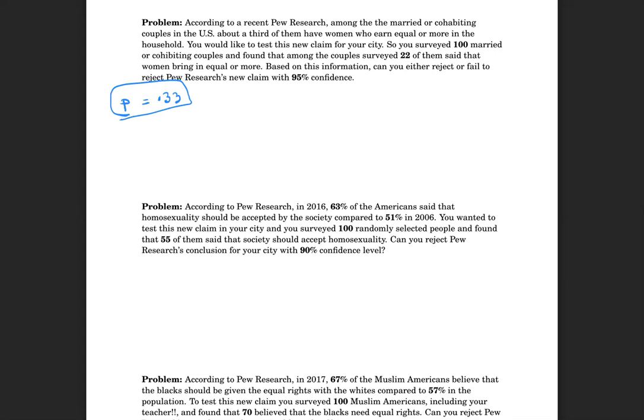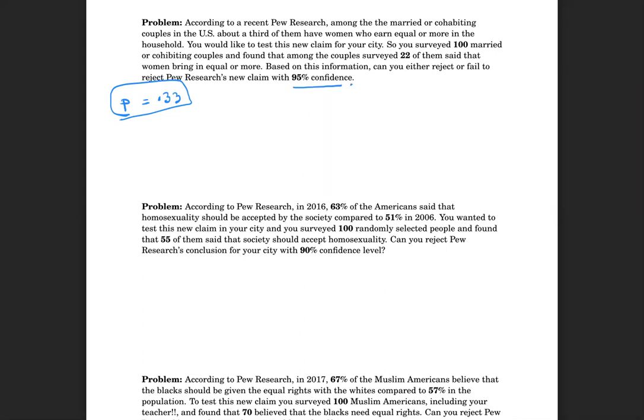You'd like to test this claim for your city. So you surveyed 100 married or cohabiting couples and found that among the couples surveyed, 22 of them said that women bring equal or more. Based on this information, can you either reject or fail to reject the Pew Research's claim with 95% confidence?